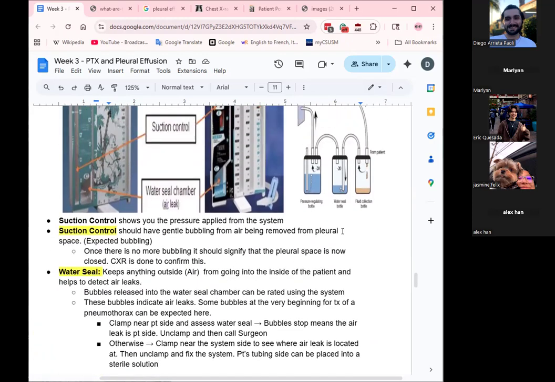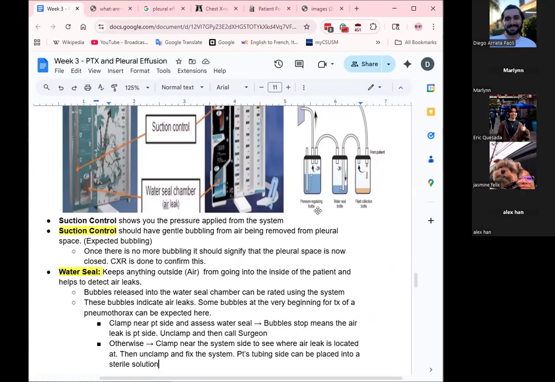If that bubbling continues, it means that the air leak is going to be at the machine side. If you clamp it at the patient side and the bubbling stops, that means that the leak is at the patient side.